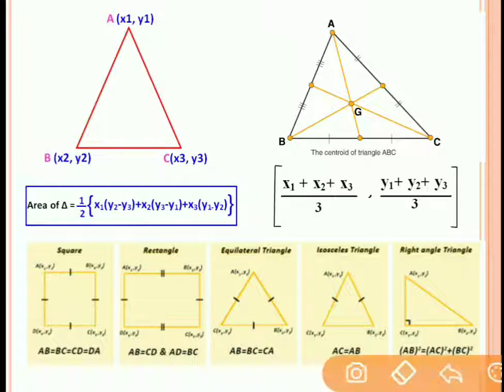Now if you get any 2 distances out of these 3 distances as equal, then it can be considered as isosceles triangle. And if the 3 distances follow the Pythagoras rule, that is AB square is equal to AC square plus BC square, fine, then you can say that the triangle is the right angle triangle.